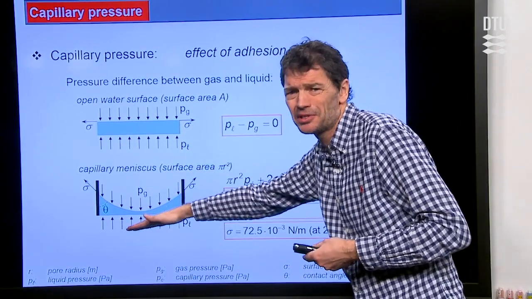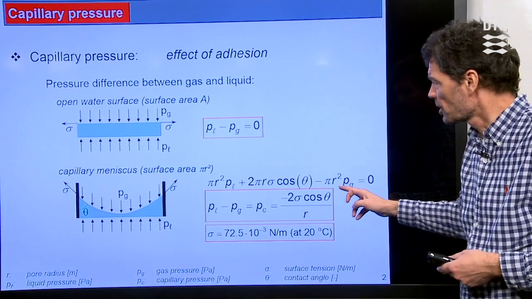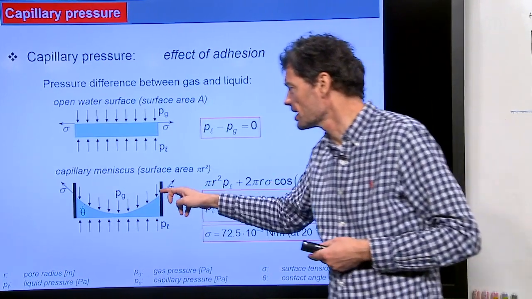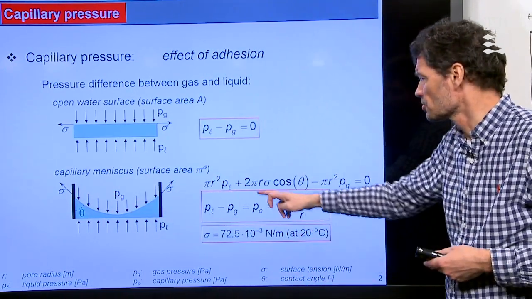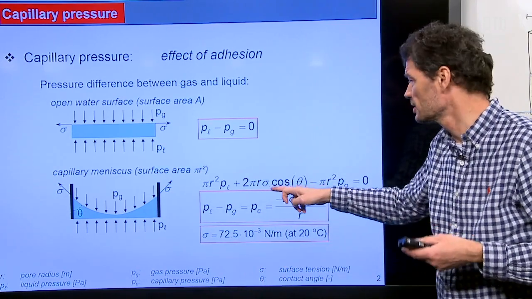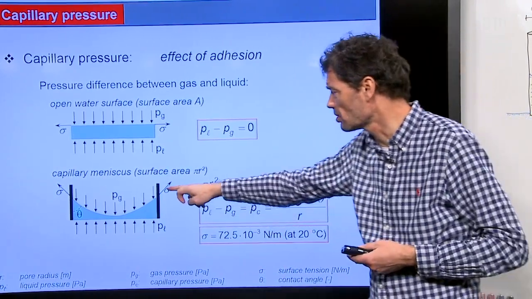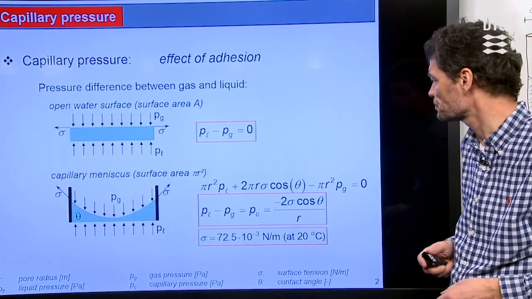Downwards, we have the gas pressure, the atmospheric pressure. What comes in between are the forces acting around the perimeter with this surface tension: 2 times pi times the radius, that's the perimeter length, times sigma, and then cosine of the contact angle with which the water touches the glass.